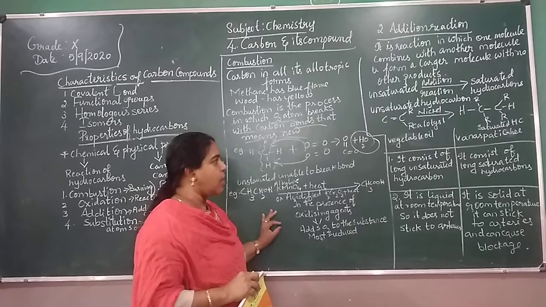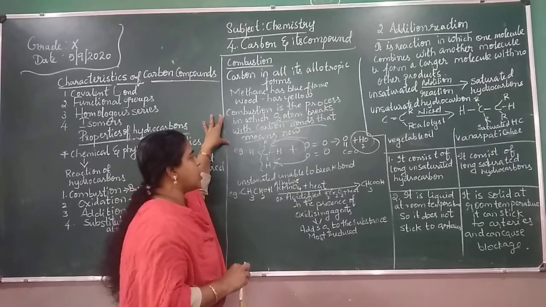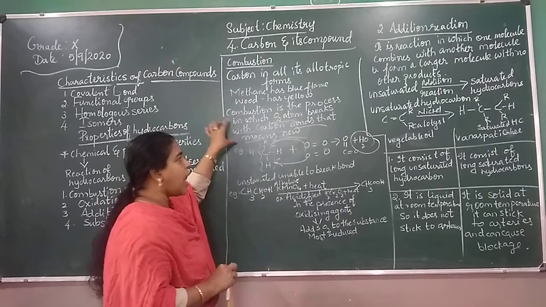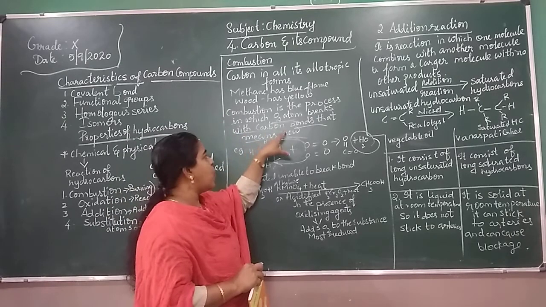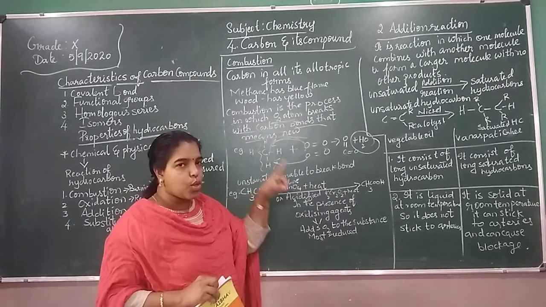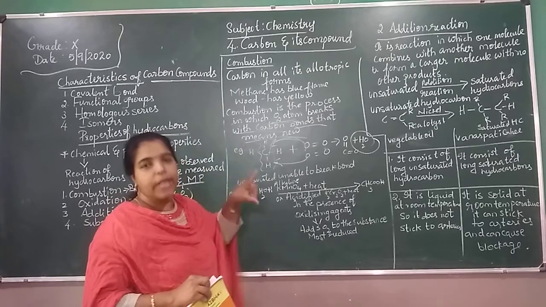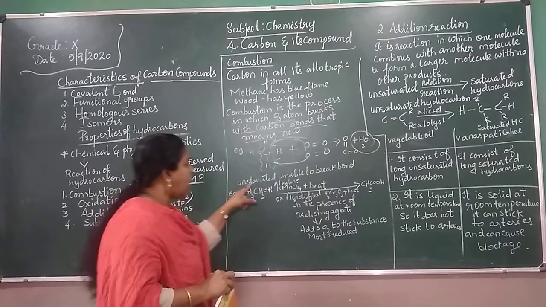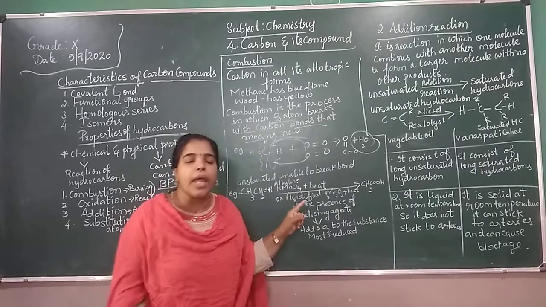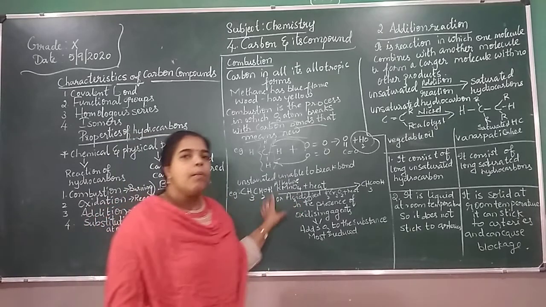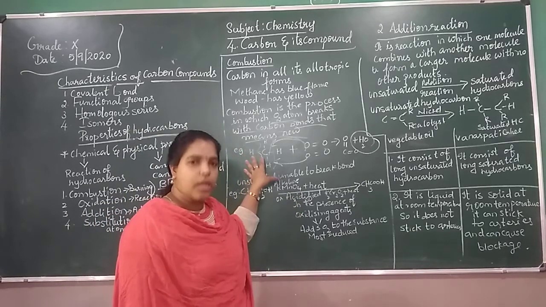What are the steps here? So first I will say that combustion is a process in which oxygen atoms break carbon bonds, and we are going to know that only the saturated hydrocarbons can break the bond, but unsaturated ones are unable to break the bond in the combustion reaction.